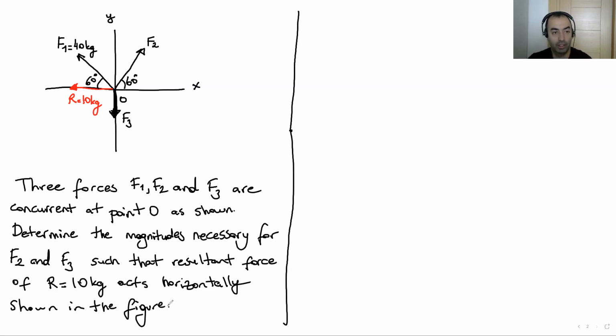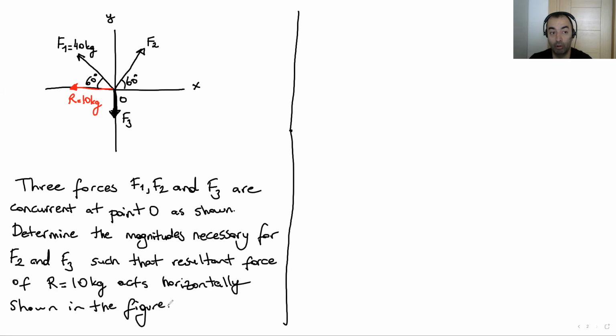In this question, we have 3 forces. By the way, at the beginning, we have to understand what we are doing. What's the question? We have three forces, F1, F2, F3, and the resultant force of these three.